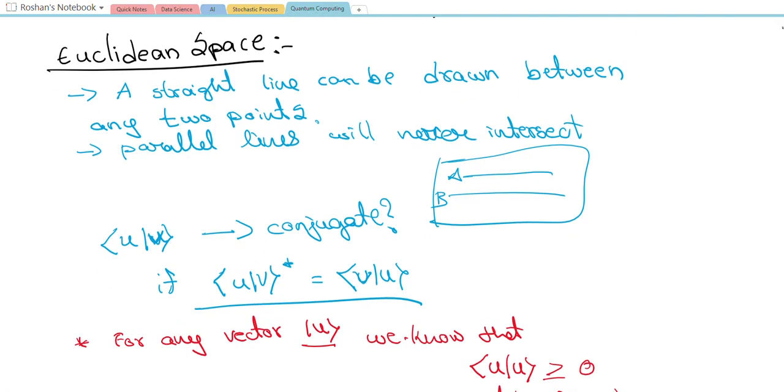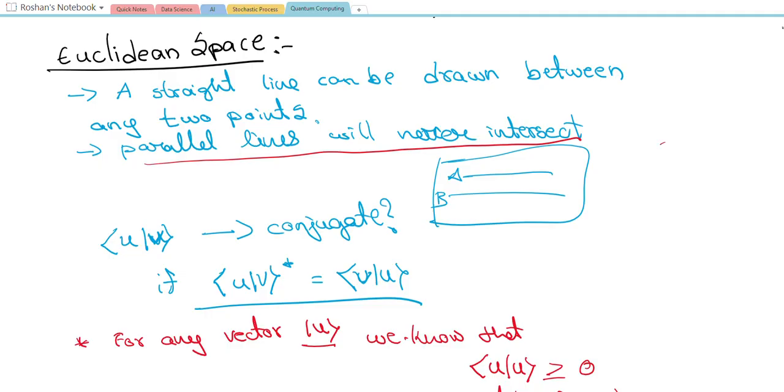Next, Euclidean space. In a Euclidean space, a straight line can be drawn between any 2 points, and also parallel lines will never intersect.